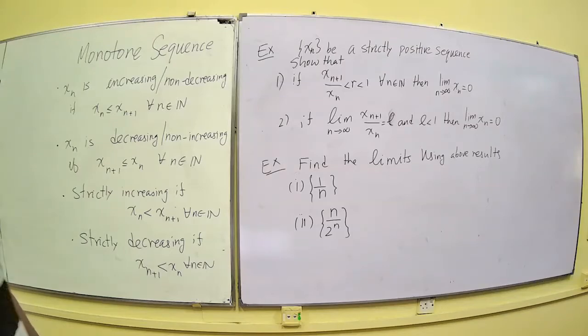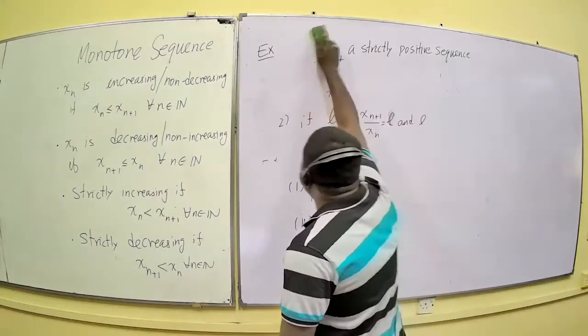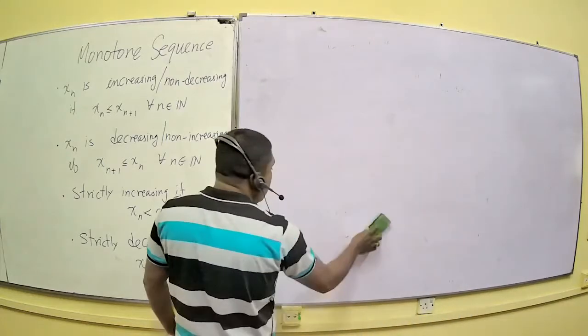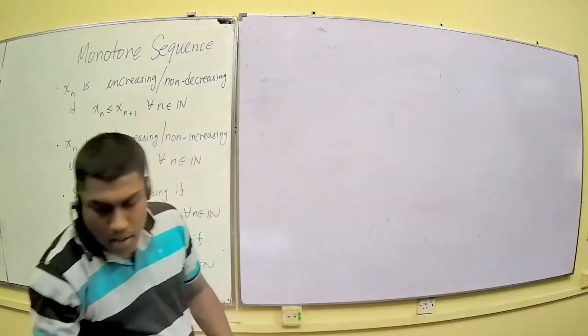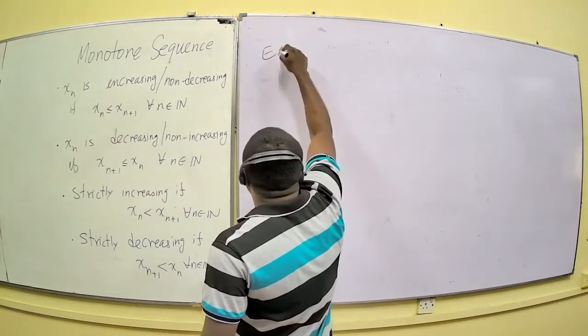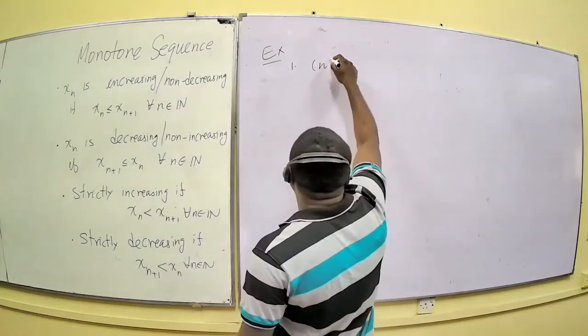So you can see a few examples as well, right? So 1 upon n is a decreasing sequence, actually a strictly decreasing sequence, right? These are kind of obvious for you as of now, because you have seen enough of these.